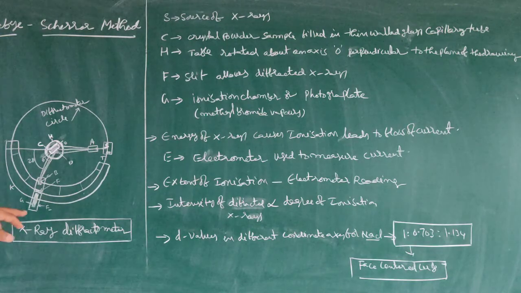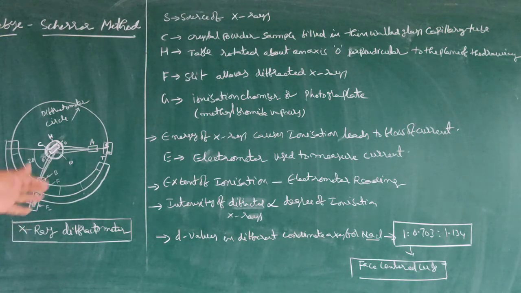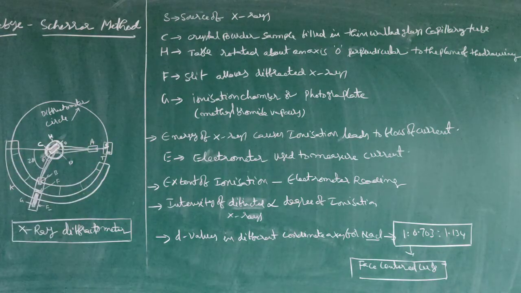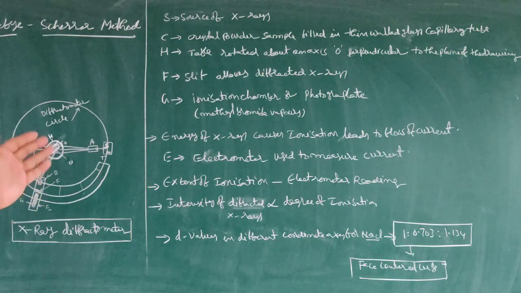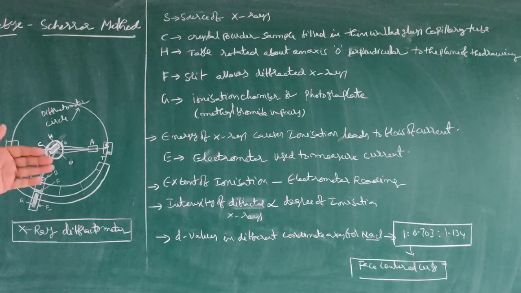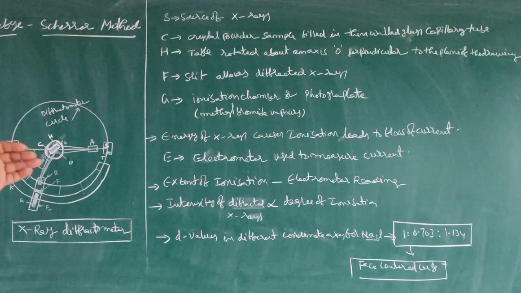Here, E is the electrometer used to measure the current. The extent of ionization can be calculated indirectly from the electrometer reading. The intensity of diffracted X-rays is directly proportional to the degree of ionization.